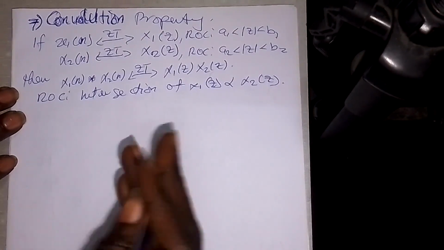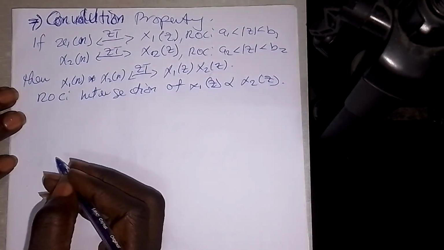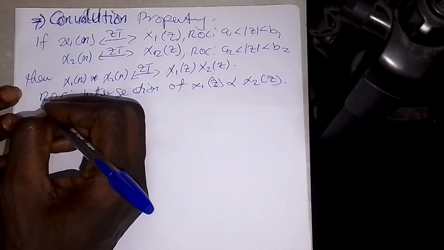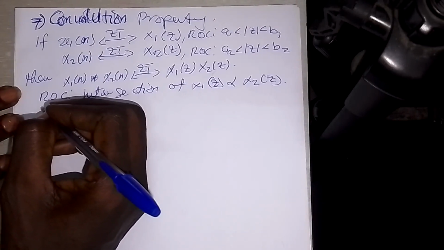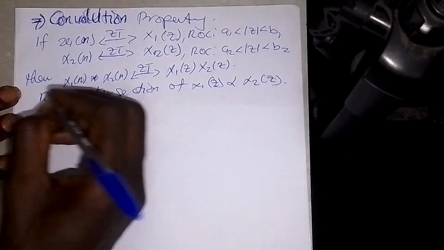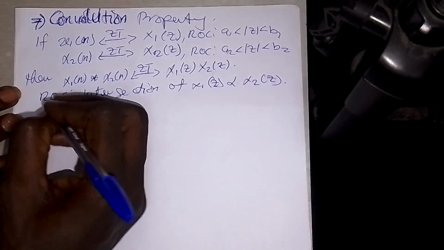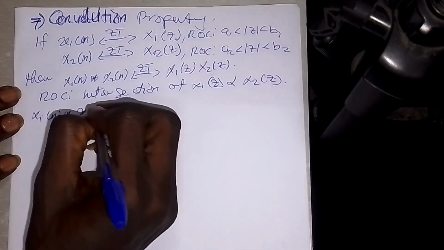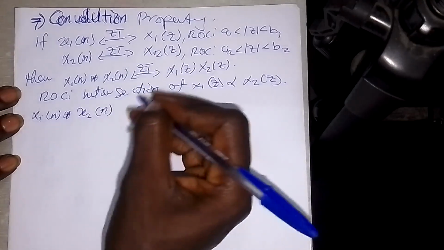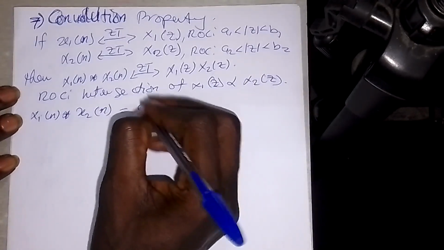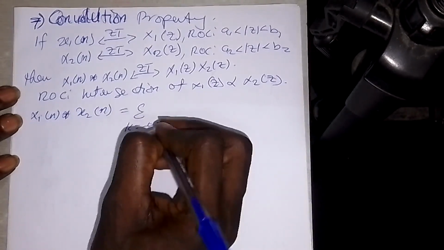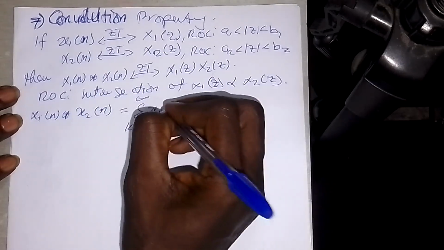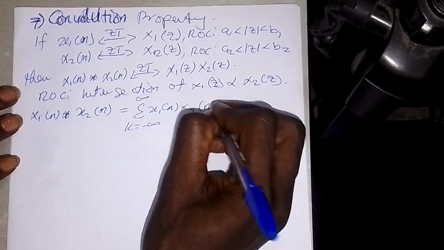Now let's see how we can prove this one. To prove this, first we must define convolution. When we mention convolution, it is x1 of n convolved with x2 of n, which equals the summation from k equals minus infinity to infinity of x1 of k into x2 of n minus k.